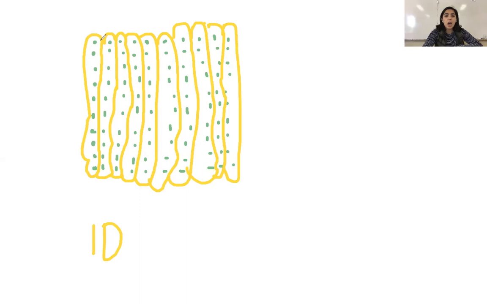So let's look. How many yellow groups do we have? We have 10 groups. Now, this is how we do multiplication. We have 10 groups, and how many beans are in each group? 1, 2, 3, 4, 5, 6, 7, 8, 9, 10. Wow, we have 10.